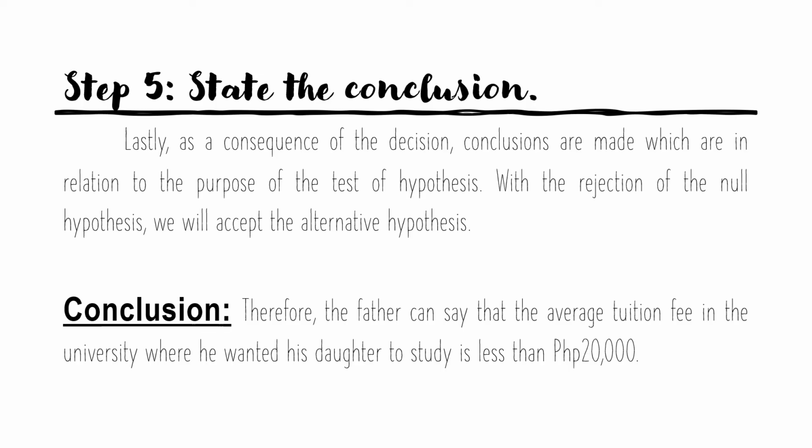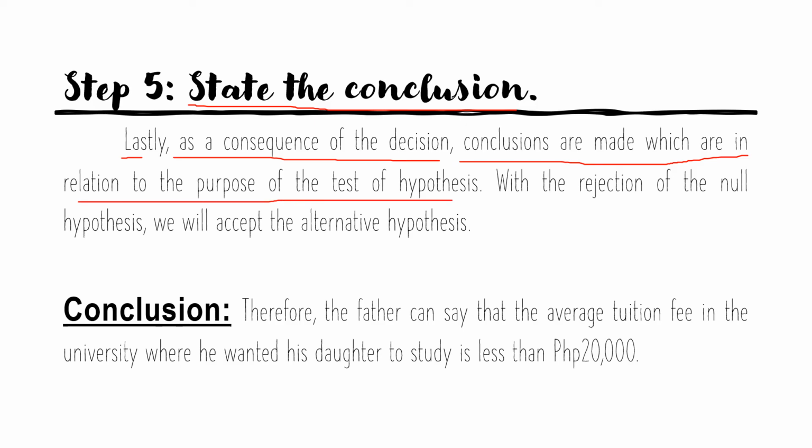So for step number 5, state the conclusion. Lastly, as a consequence of the decision, conclusions are made which are in relation to the purpose of the test of hypothesis. With the rejection of the null hypothesis, we will accept the alternative hypothesis. Once we reject your null hypothesis, it's automatic that we need to accept your alternative hypothesis.